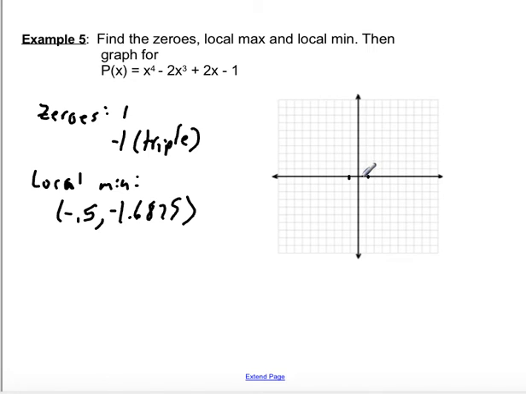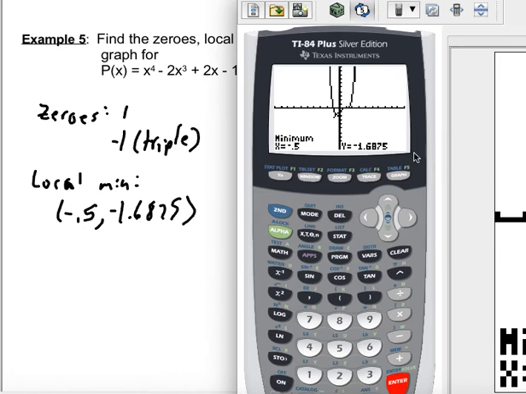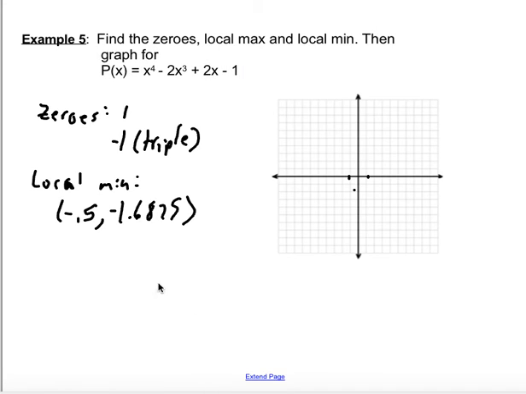All right, so graphing that, we know it's going to be up and up because it's even, and we can also tell by here it's even and it's positive. So let's graph out that function now.